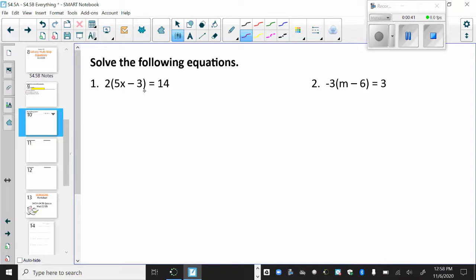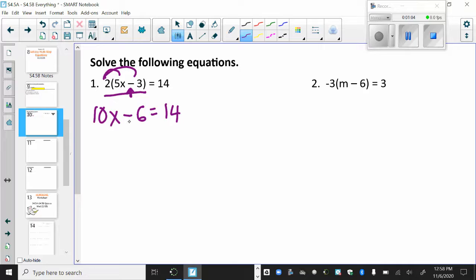All right, distributive property right here. I'm going to do 2 times 5 to get 10x, and then 2 times negative 3 to get negative 6. Remember, I like to treat this as a negative sign for that 3, that way I get 1 sign here instead of 2. Equals 14. Then I'm going to look and see if I can combine like terms.